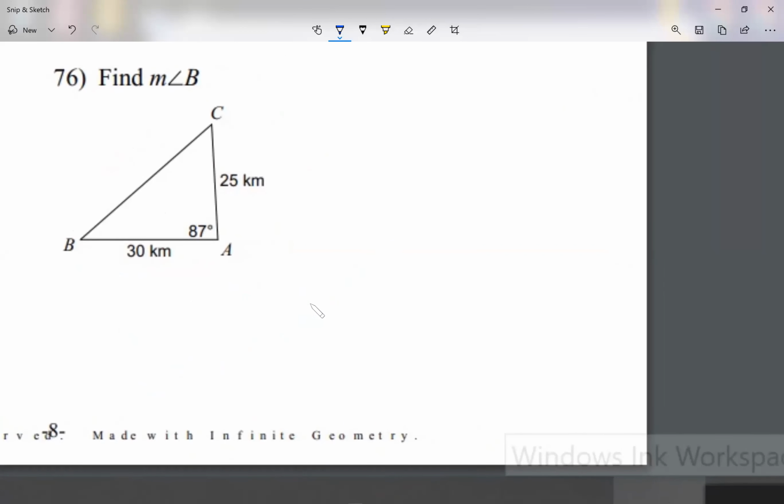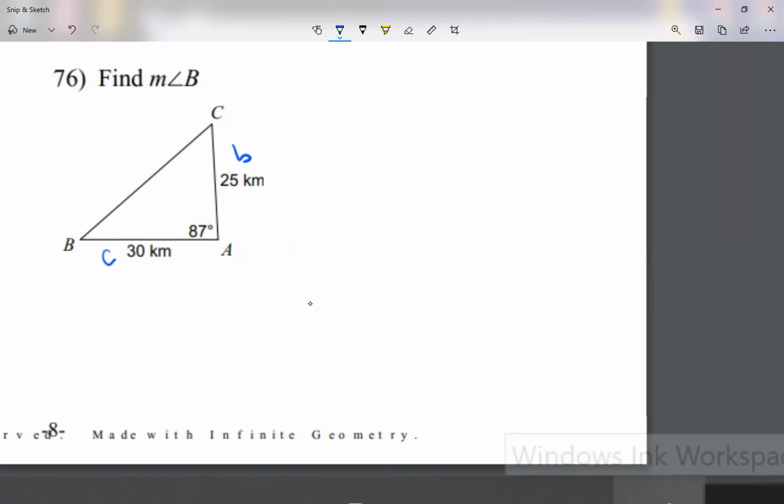I'm solving for an angle. I have angle A, I have side B, and I have side C. The only angle that I have is angle A, but I don't have side A. So I cannot use the law of sines.